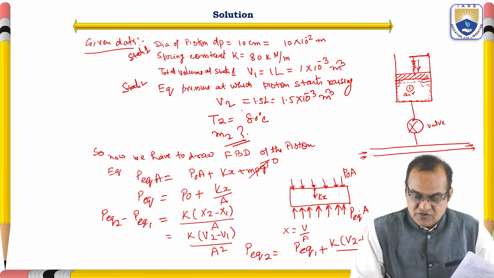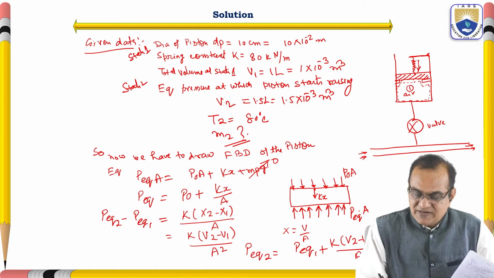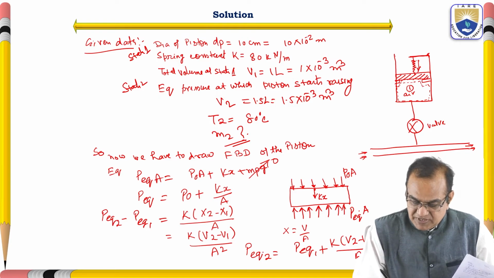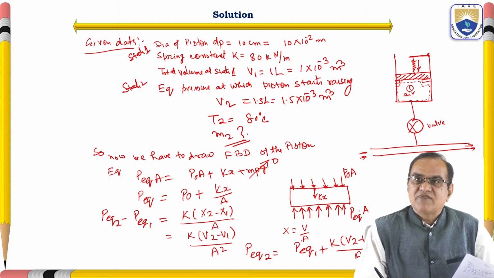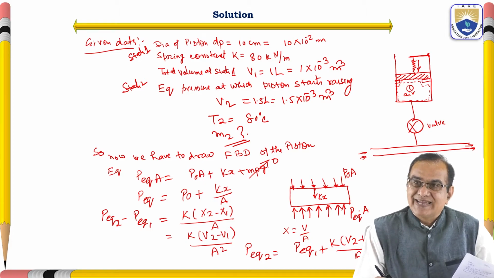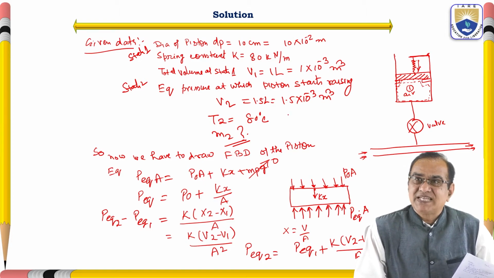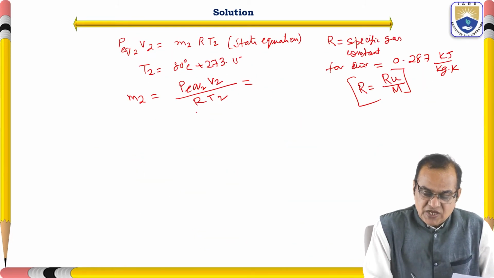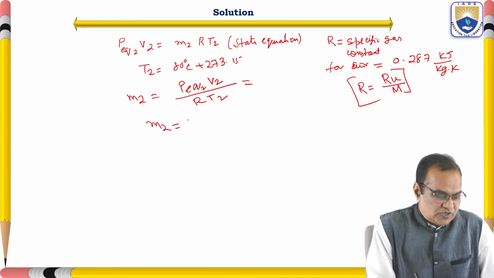V1 is given, V2 is given, T2 is given, so everything is given and we can find P EQ2, the state 2 pressure.